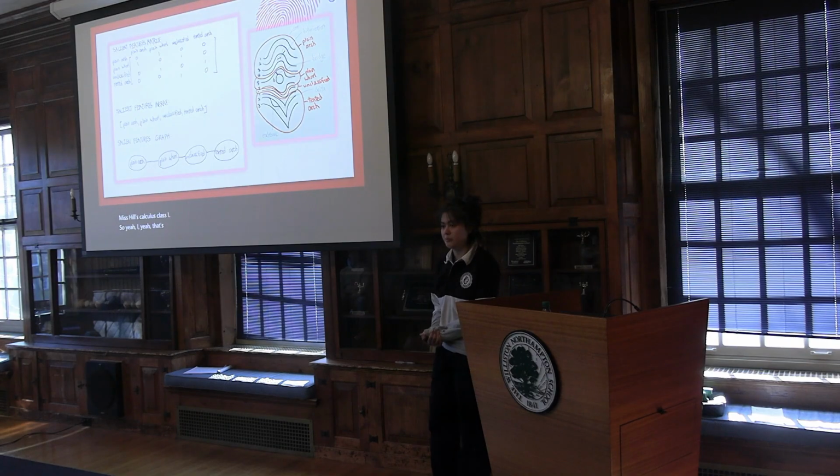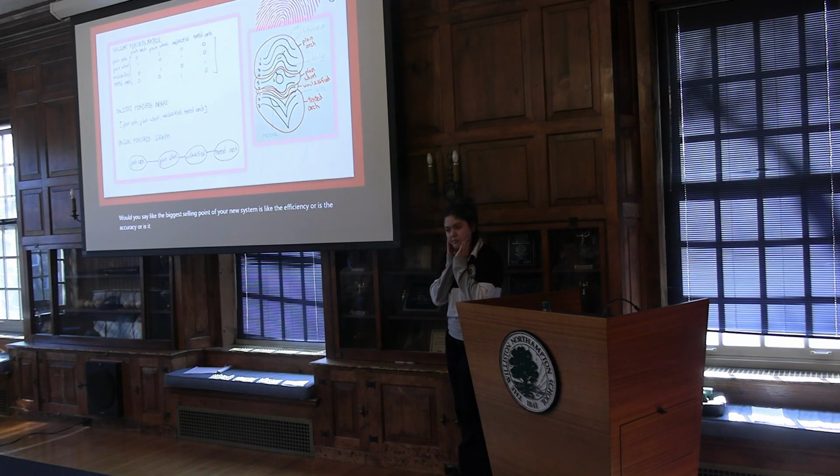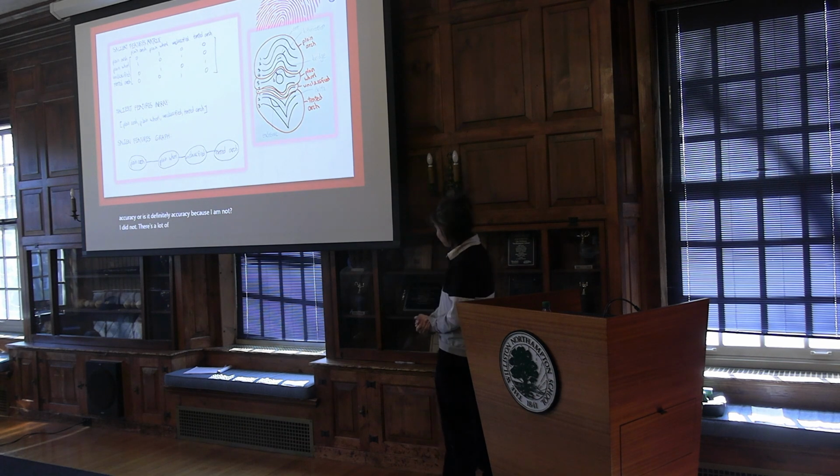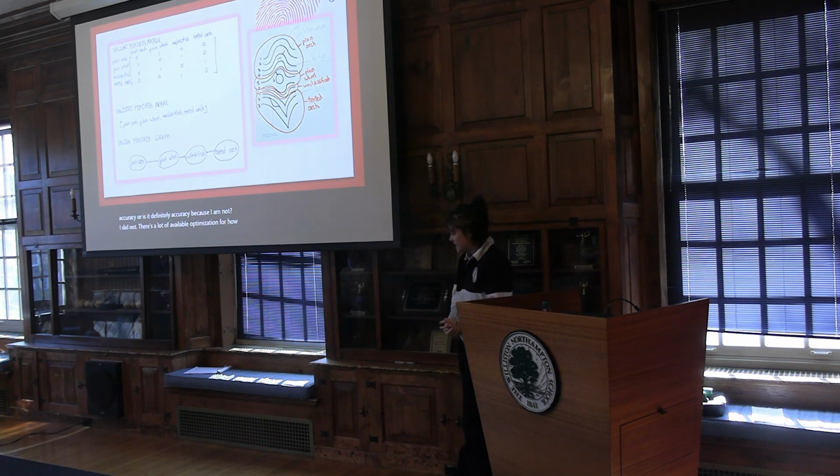Would you say the biggest selling point of your new system is the efficiency, or the accuracy, or both? Definitely accuracy, because there's a lot of available optimization for how efficient this algorithm can be that I did not look into.